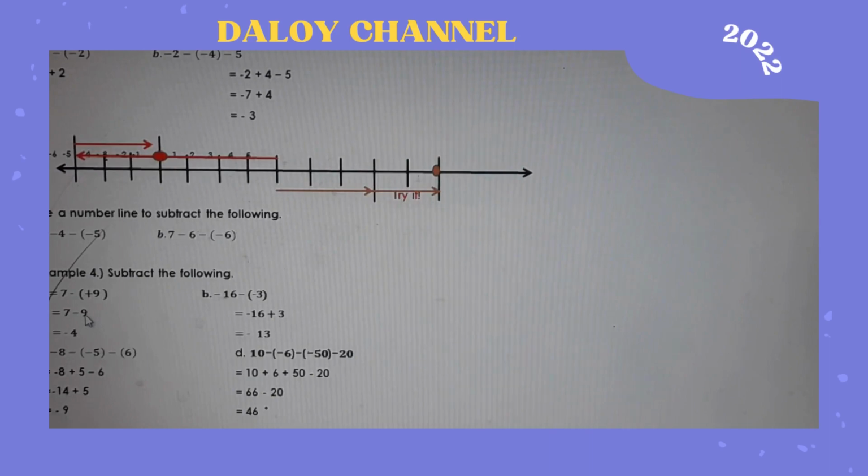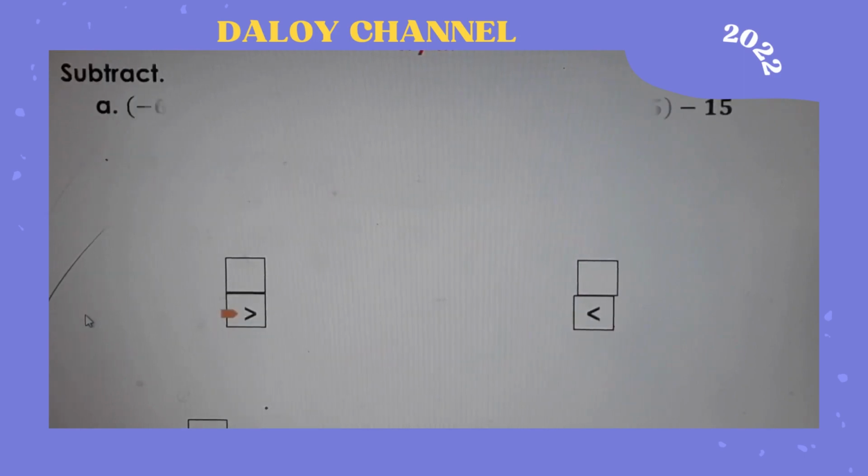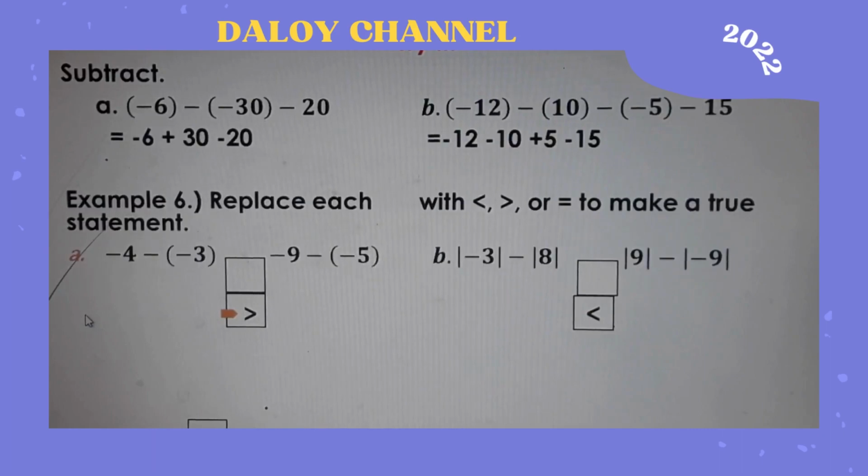Adding like signs, so 10 plus 6 plus 50 is equal to positive 66 minus 20. Final answer is positive 46. Answer the try it activity.